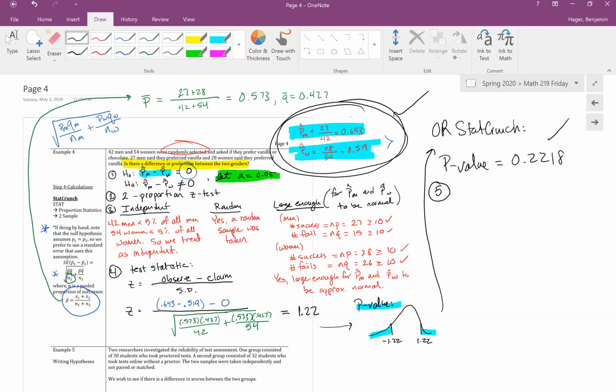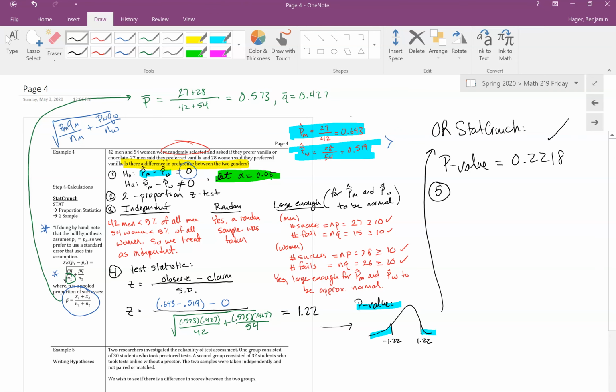Now, if it was like a 0.001% chance to happen and we got it, we'd say, well, that's weird. It was very unlikely for us to do that, but somehow we did it. That would mean that the null was probably wrong and there probably is some difference between the two proportions. But this was not lower than alpha, so there's no reason to think there's anything wrong with the null hypothesis.